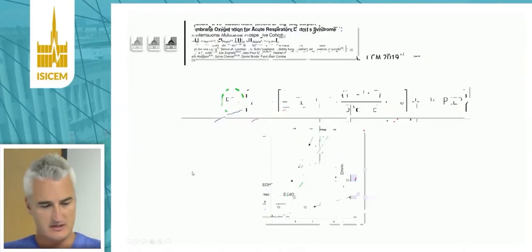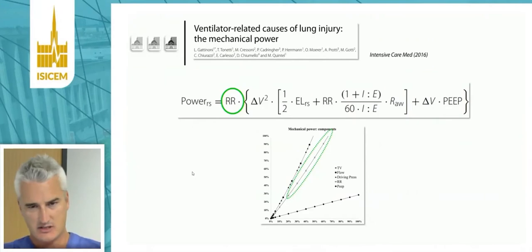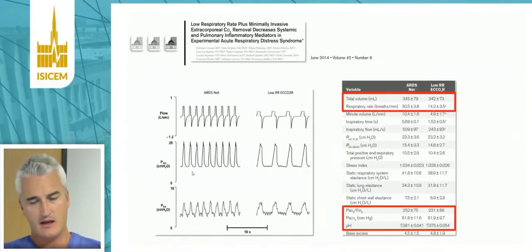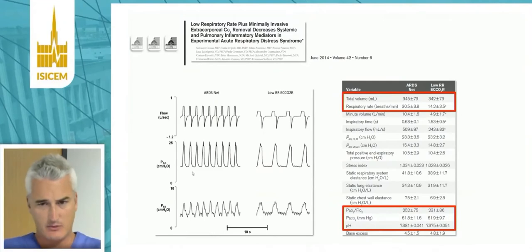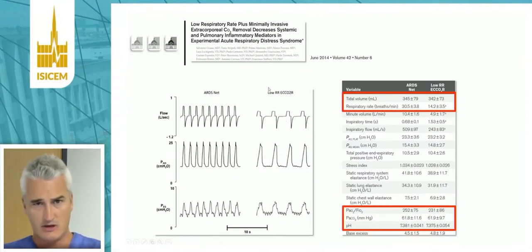The second component is the respiratory rate, which is also very important in the energy transmitted into the lung. To support a reduction of the respiratory rate, we have this animal study, which compares two strategies. The only difference between this strategy and that one was the reduction of the respiratory rate.